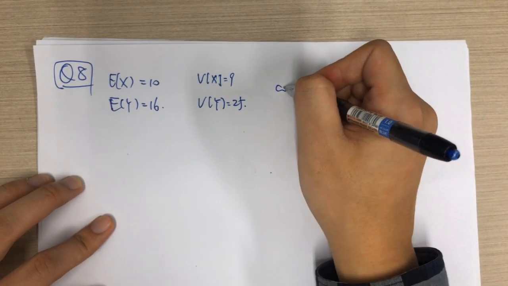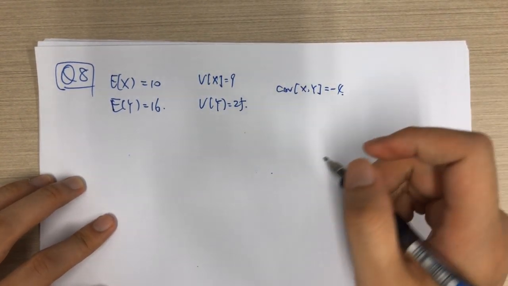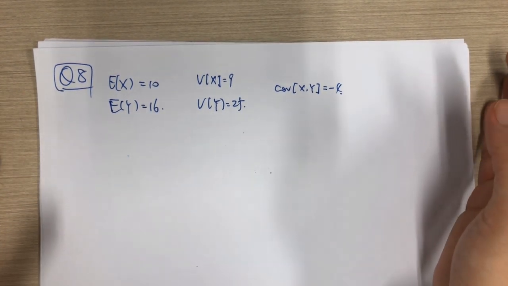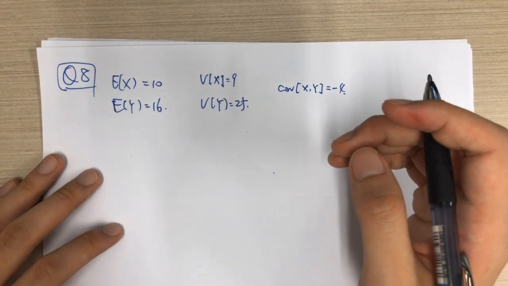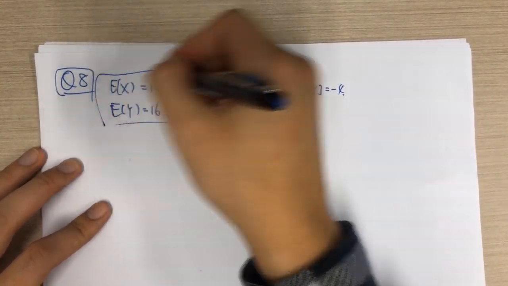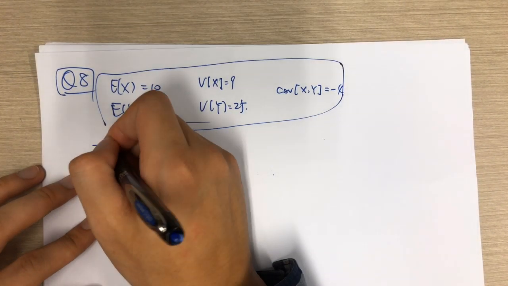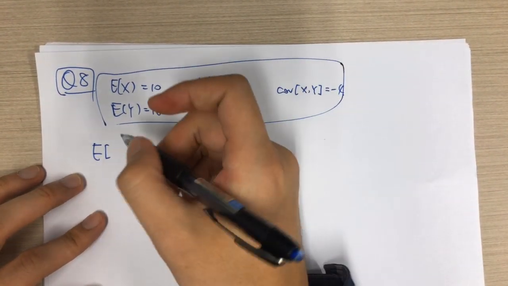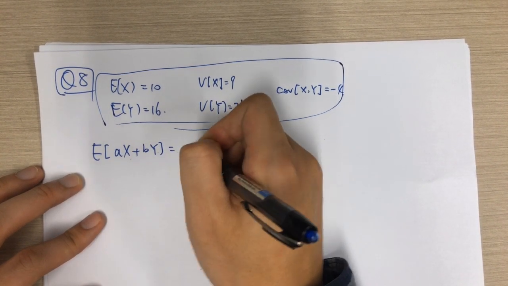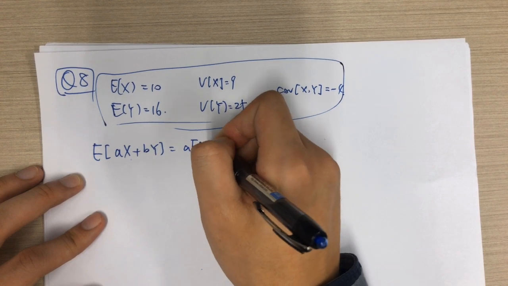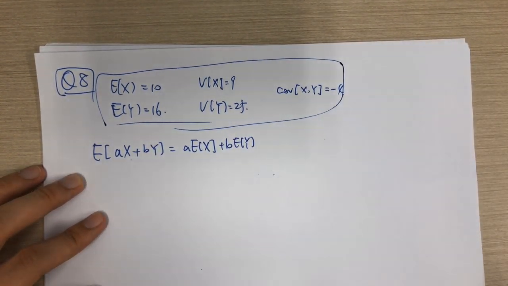The covariance between X and Y equals -4. You are asked to find the expected value and variance of 2X minus 7Y and so on. The basic rule we have to follow is that the expected value of any linear combination aX plus bY equals a E(X) plus b E(Y). That's the basic rule.